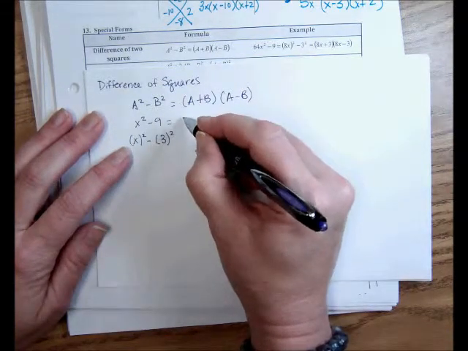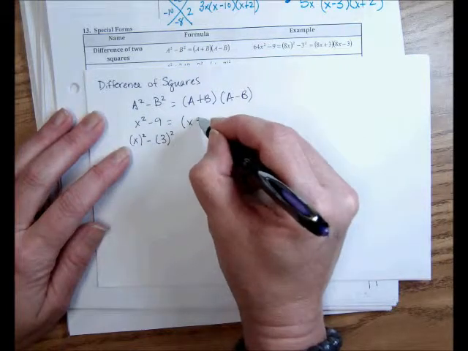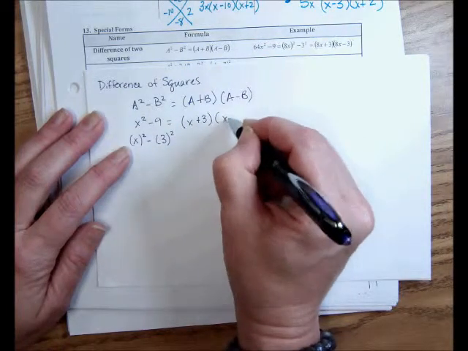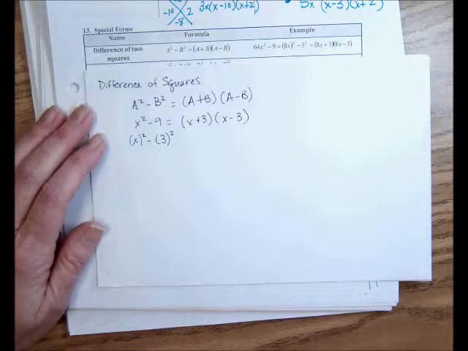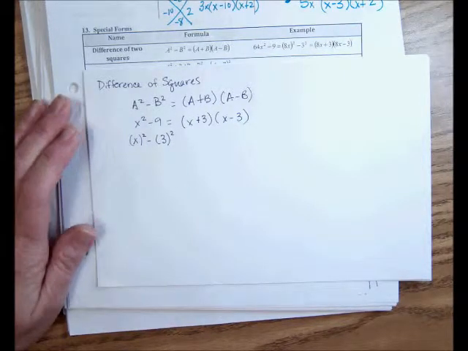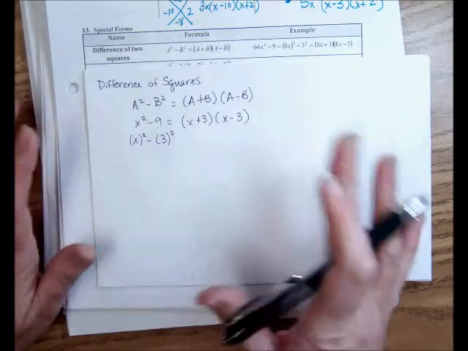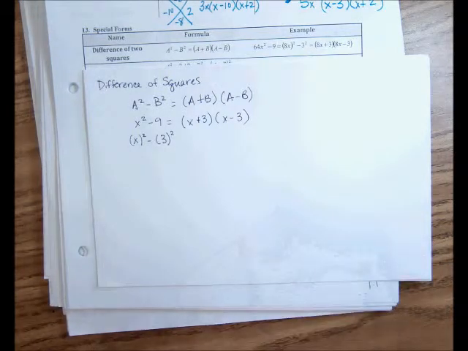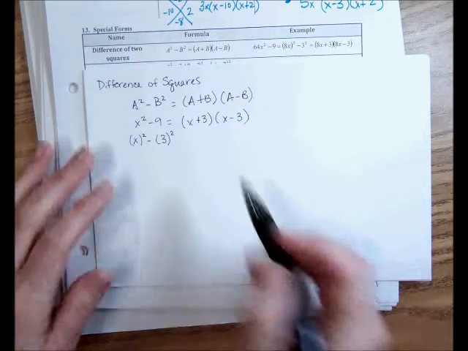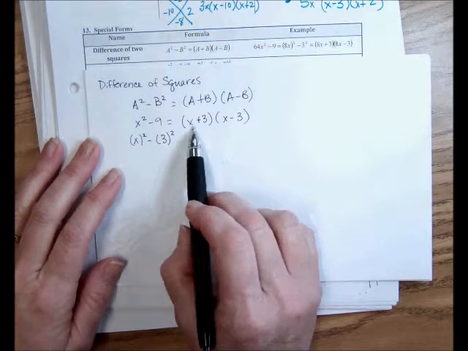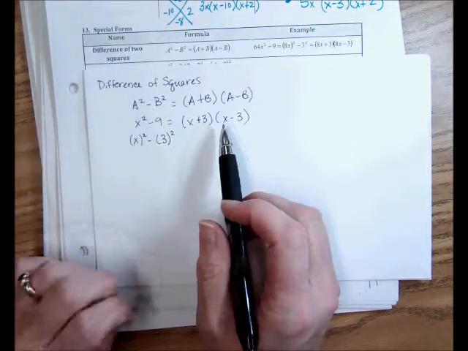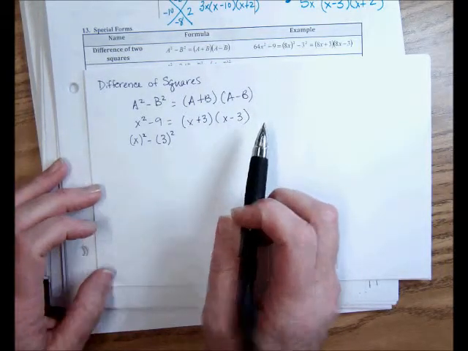So in this case, I would have x plus 3 times x minus 3. You might wonder why I don't just use square roots and put 9 on the other side of the equation and solve for x. Well, you can do it either way. We're going to get to that tomorrow or Wednesday, and you're going to see that x is still equal to negative 3 and positive 3.